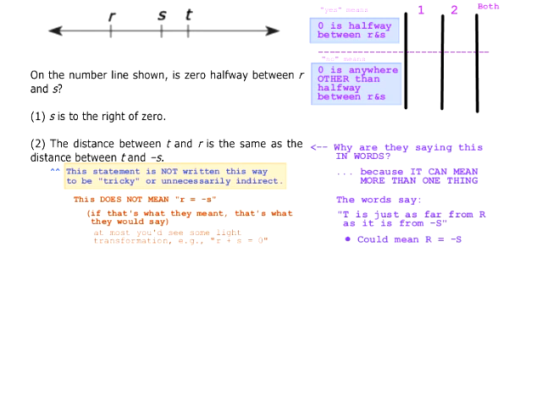Or it could mean that T is halfway between those points. Because then it's just as far from each one. They're equidistant, right? So halfway between R and minus S.